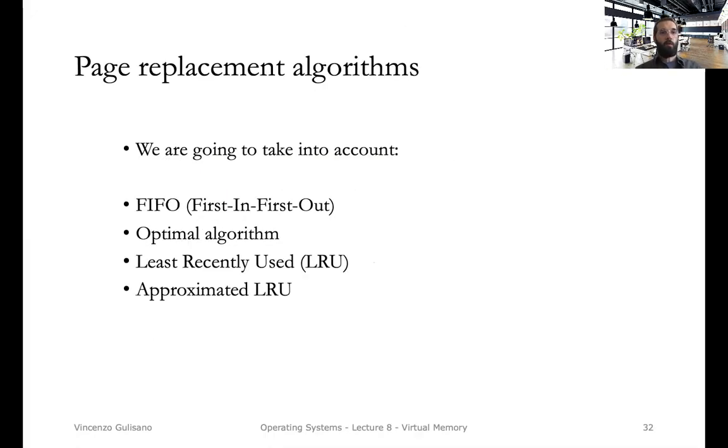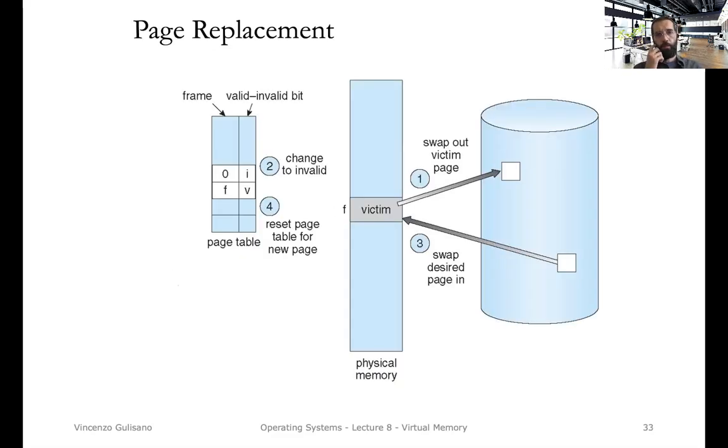Now we're going to look at different page replacement algorithms. These are the four we are going to touch. But before going into the details, okay, this is the general picture.